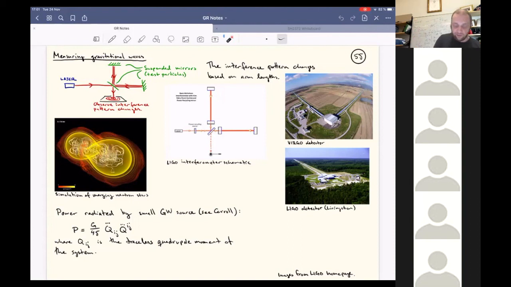So this means that the interference pattern that you get in this Michelson interferometer is going to change as the wave passes.